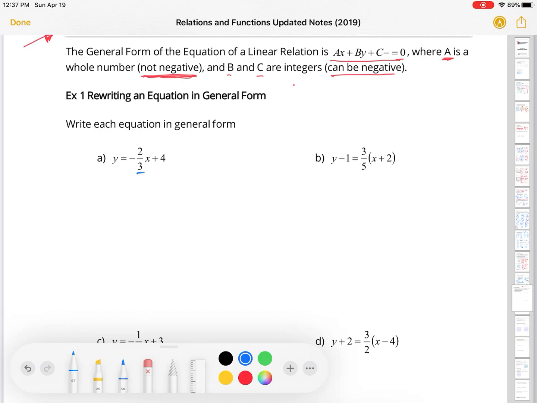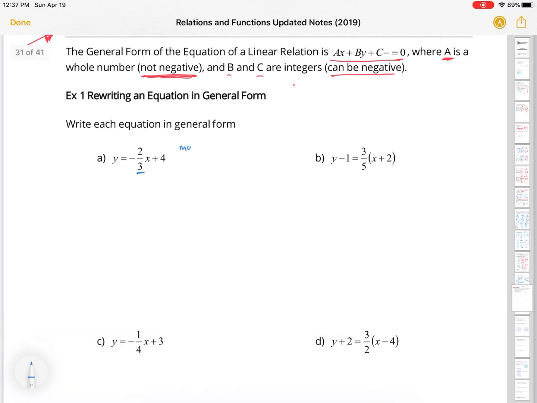We want, what do we multiply to make negative 2/3 a whole number? Well, first of all, we're going to multiply all terms by 3. If we do that, we can divide out the 3 on the bottom.